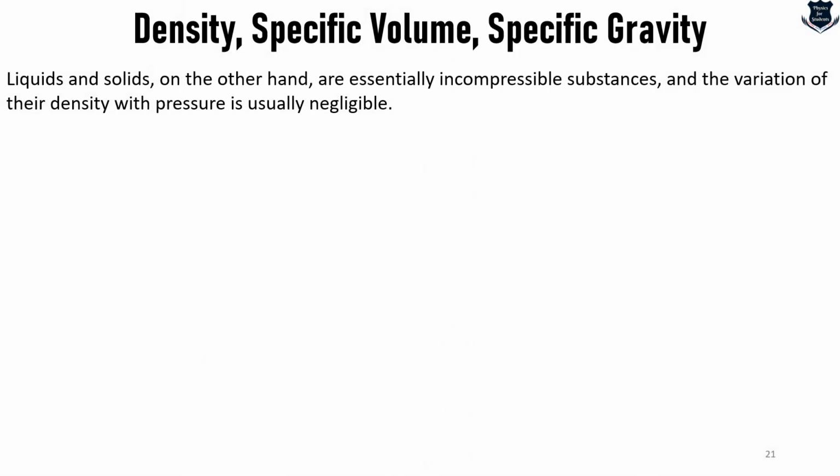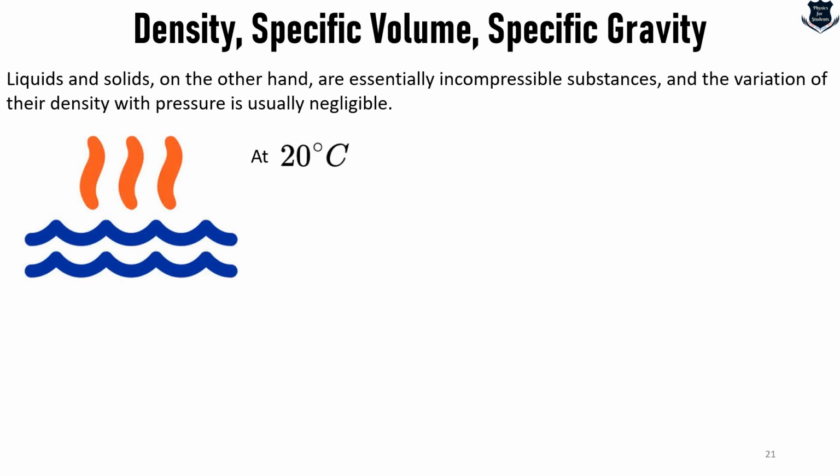We already know that the density of a substance in general depends on temperature and pressure. The density of most gases is proportional to pressure and inversely proportional to temperature. Liquids and solids, on the other hand, are essentially incompressible substances, and the variation of their density with pressure is negligible.